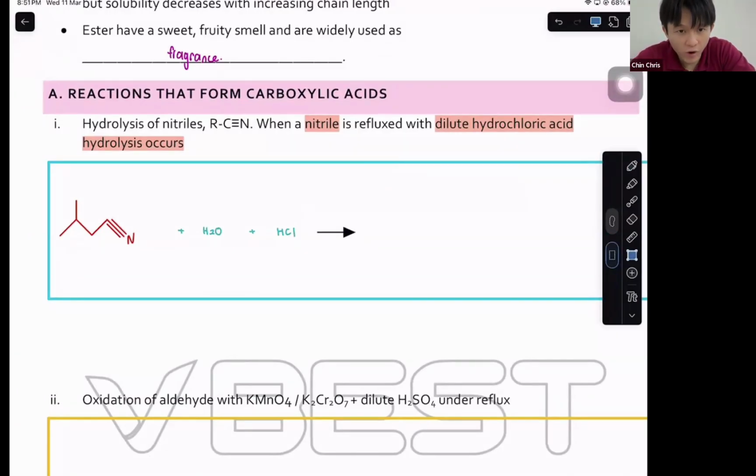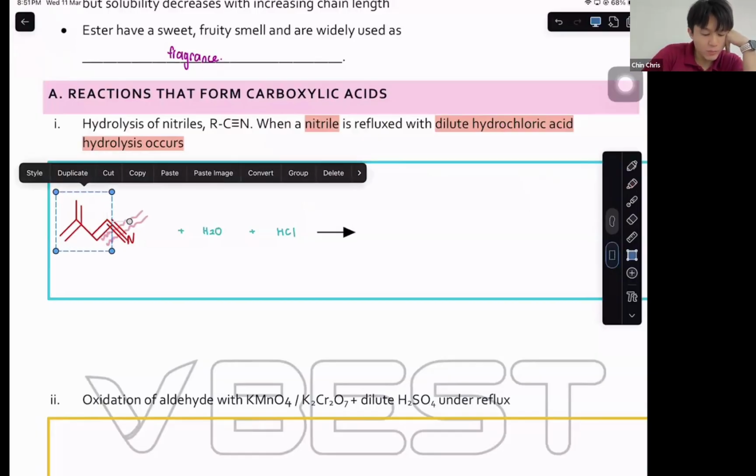A salt? It forms a carboxylic acid, not a salt. Yes, the side product, the byproduct, is a salt. And it's NH4Cl. Good job. Alright guys, you see how whenever you have a nitrile, you are breaking this triple bond N, yeah?